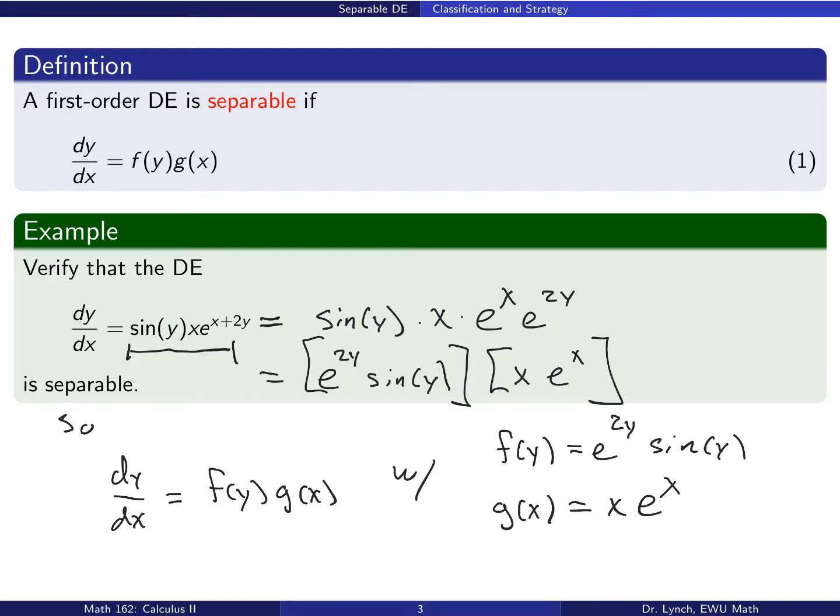Using properties of the exponent, we can see that e to the x plus 2y separates as e to the x times e to the 2y. And then I'm just formally collecting up these terms, e to the 2y sine y and x e to the x. So we can see that this differential equation can be written as dy/dx equals f of y times g of x, with f of y and g of x chosen carefully.